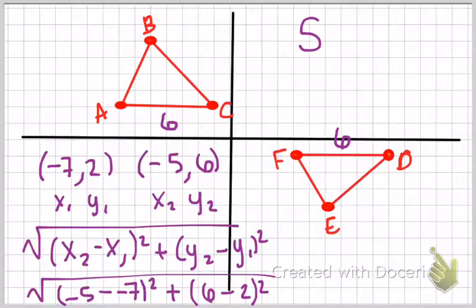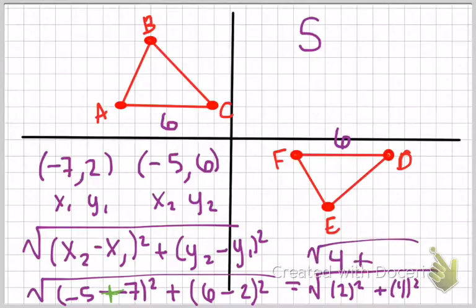Just simplifying it, I know that a negative and a negative right next to each other means plus. So negative 5 plus 7 is 2. 6 minus 2 is 4. And if I square that 2, I get 4. If I square that 4, I get 16.